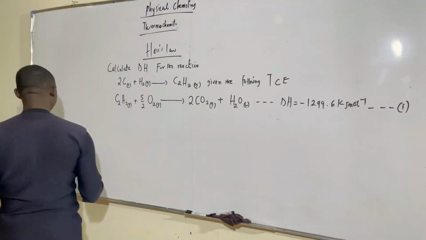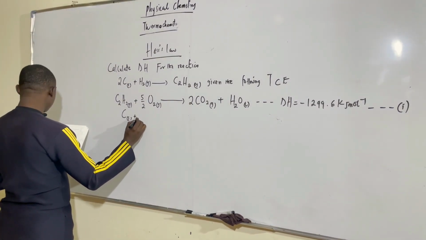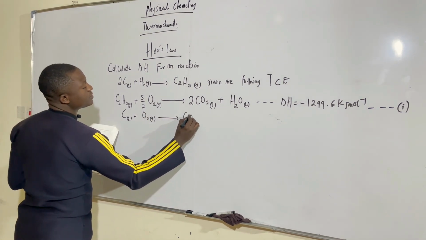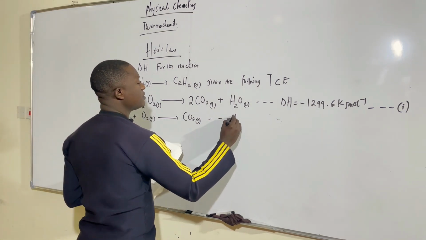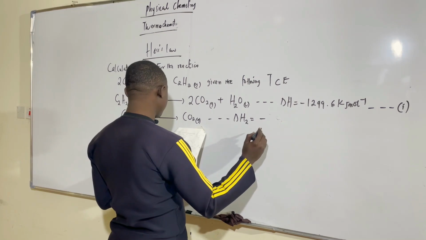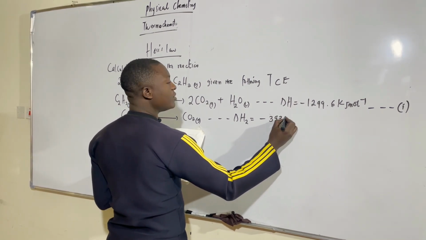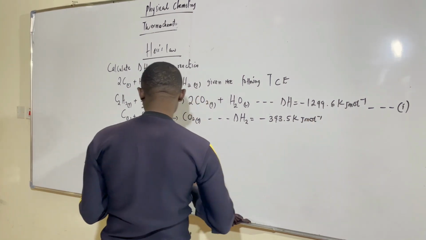Then the second one, they said carbon plus oxygen gas gives CO2. This is labeled as the second one, minus 393.5 kilojoule per mole.